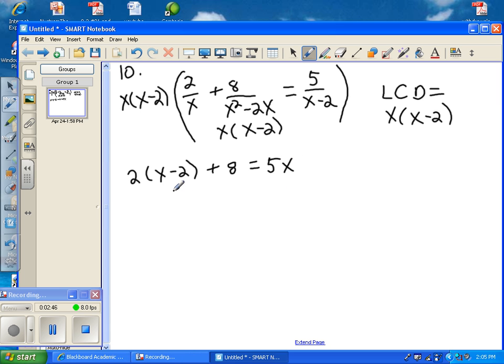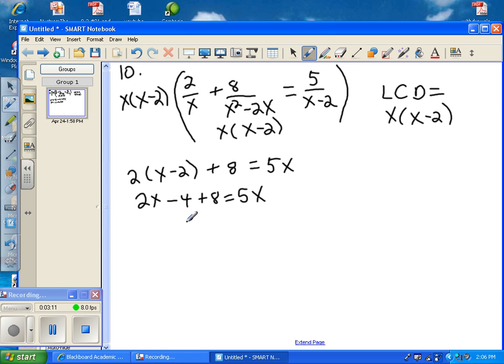Now, on the left-hand side, I still have parentheses, so while this problem looks way easier, my next step is to distribute my 2. That gives me 2x, and 2 times negative 2 is minus 4, plus 8 equals 5x. Okay, left-hand side, I still have like terms to combine.